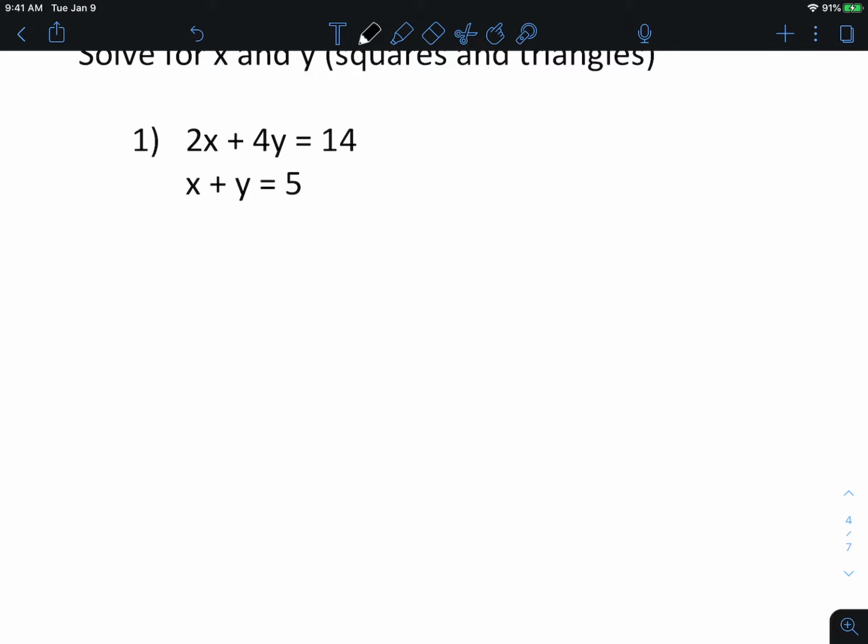Where'd the 10 go? Oh, I see what you did. Never mind, you're okay. I'm going to run out of room on this one. You can do 3 on the back, or just put a box around 3.